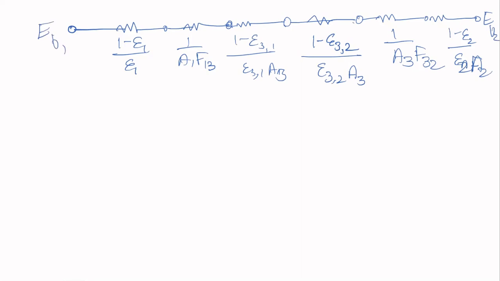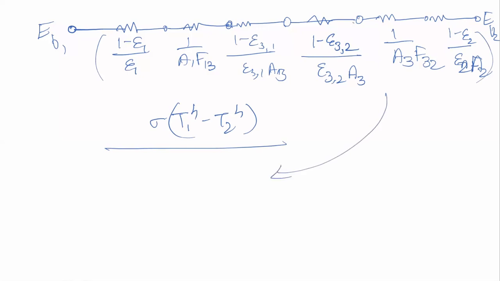Yes guys, a quick raise of hands if you are understanding what we are doing over here. Are you comfortable with how I am writing all those resistances and creating the equivalent circuit, and how I can then write it as something like sigma into T1 to the power 4 minus T2 to the power 4 divided by the sum of all these terms? If you have any doubt, please ask. I will wait for a moment. Please feel free to ask.